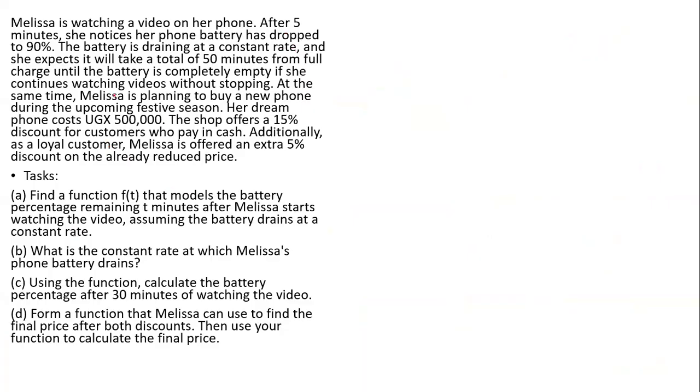Part D told us that Melissa is planning to buy a new phone during the upcoming festive season. Her dream phone costs 500,000. The shop offers a 15% discount for customers who pay in cash.